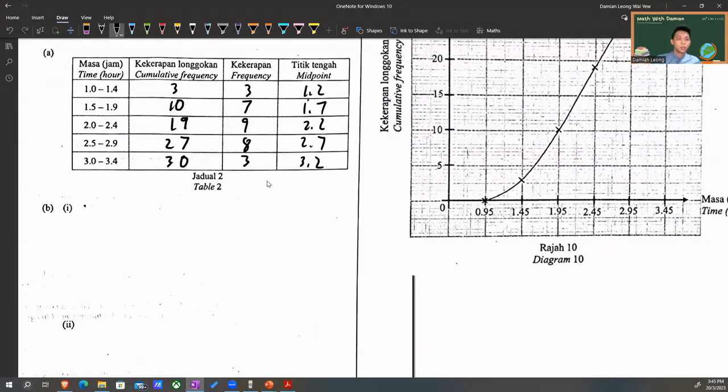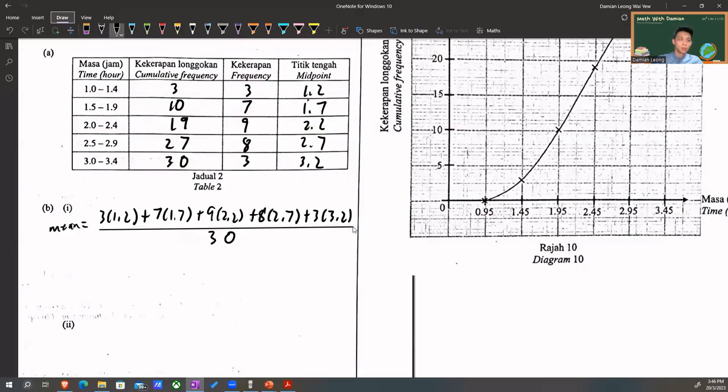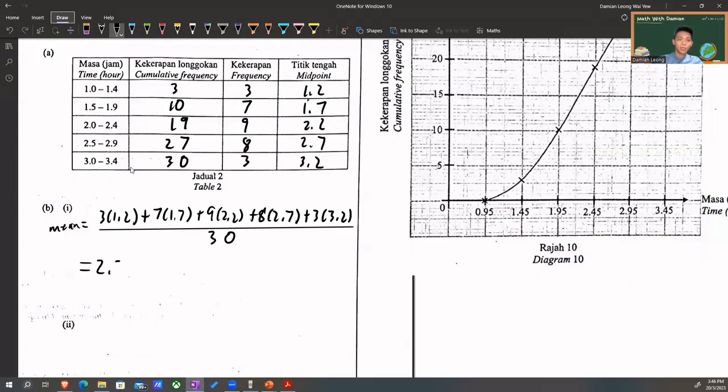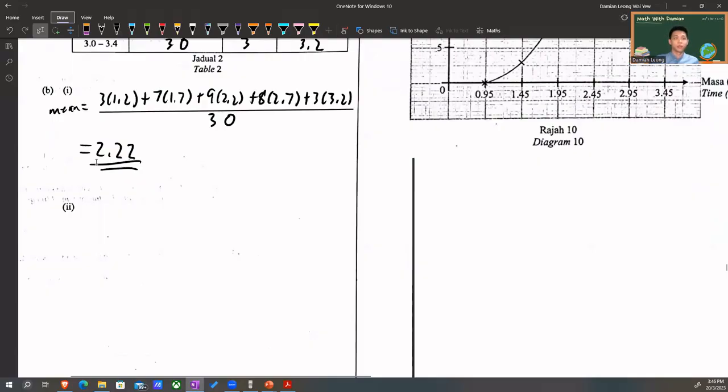So it's 3 times 1.2 plus 7 times 1.7 plus 9 times 2.2 plus 8 times 2.7 plus 3 times 3.2, divided by the total frequency, which I already have, no need to count, it's just 30. So 3 times 1.2 plus 7 times 1.7 plus 9 times 2.2 plus 8 times 2.7 plus 3 times 3.2, divided by 30. 2.216, so 2.22. Let's just round it off to 3 significant figures.